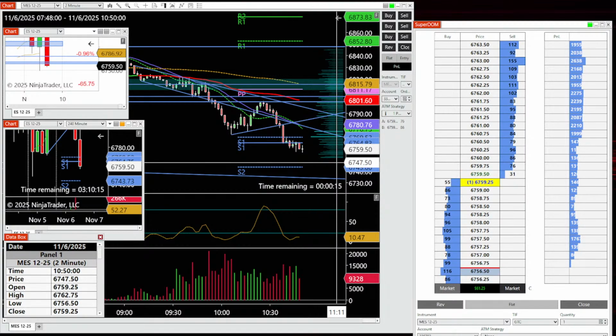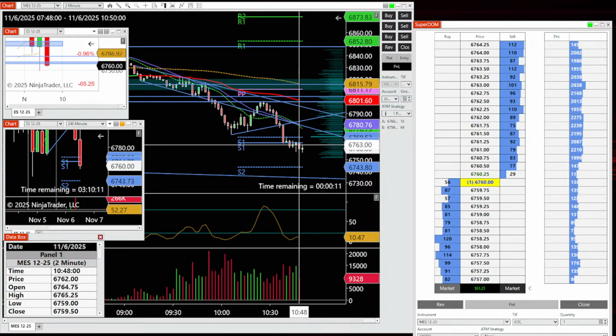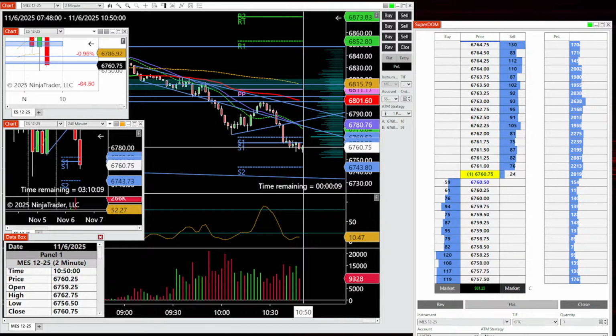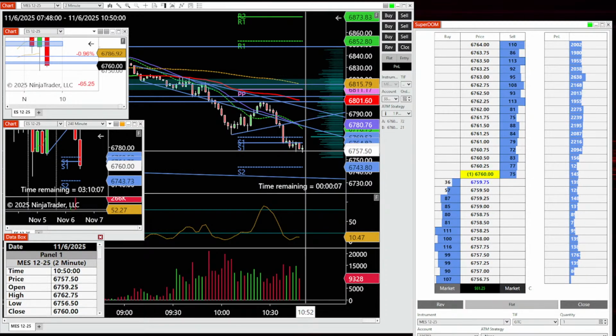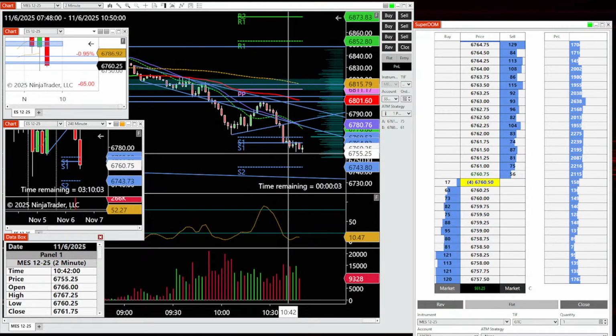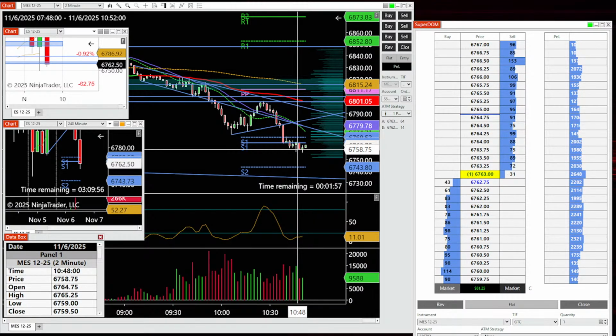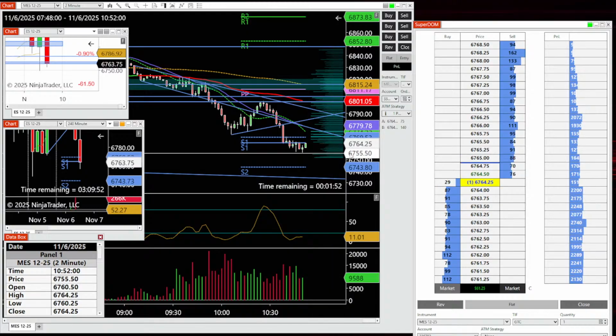Keep playing over and under 60. Down here, look at this. Wick, dump, pop. Got some wicks down here. Okay.